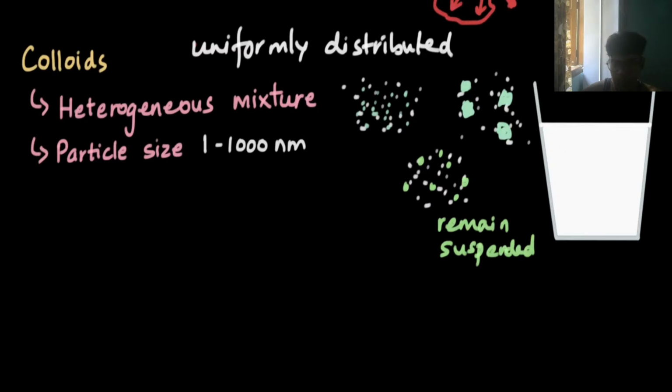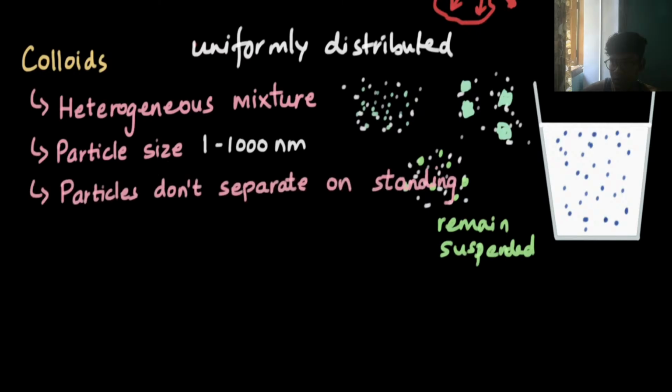So in the case of milk, you have these liquid droplets of fat. I'm showing fat with blue droplets. You have these liquid droplets of fat uniformly distributed across the body of the milk, but they aren't dissolved, they are just suspended in milk.